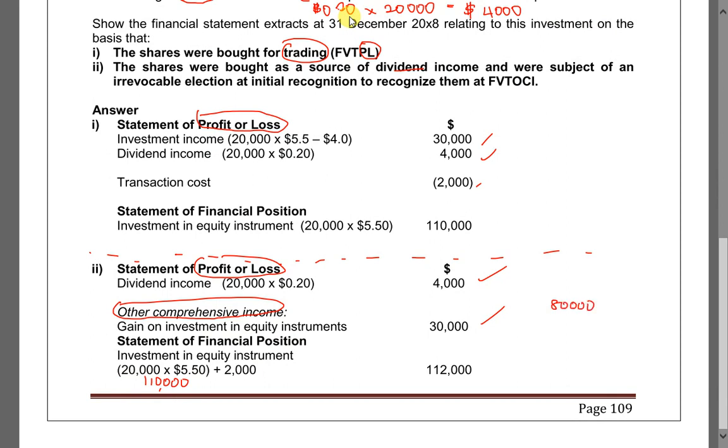And then it went up to 110, but you don't do this, because 2, therefore 82. And what is the value now? 110,000. Therefore, the increase is how much? 28. Never do this.